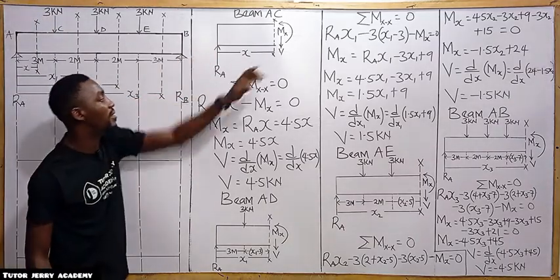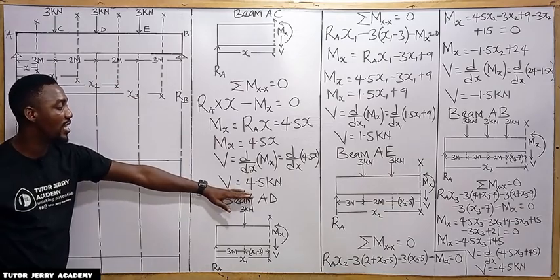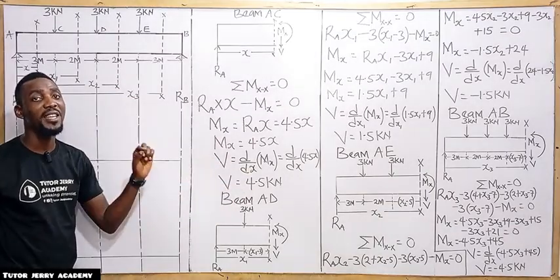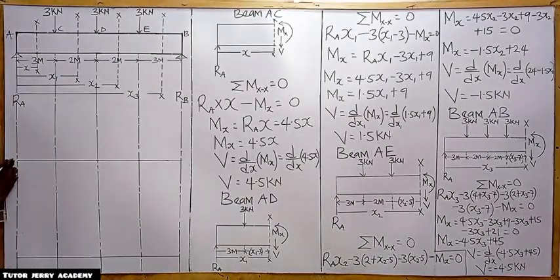And you can see beam AC. And then what was the shear force value there? The shear force value there is what? 4.5 kilonewton. So it means you are going to come to this point here, and then you are going to trace 4.5 upward. So I'm going to go 4.5.